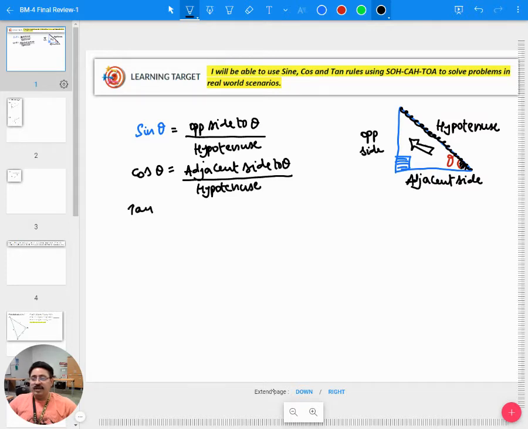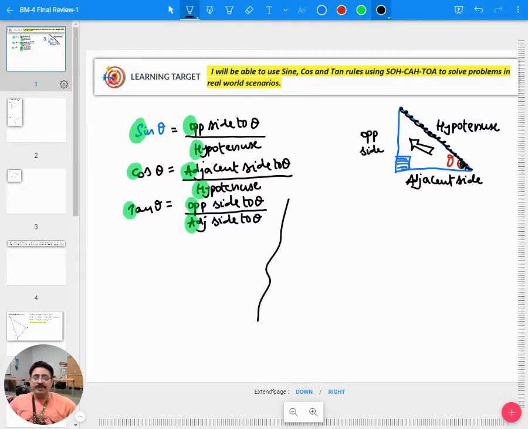Next, tan theta equals opposite side to theta over adjacent side to theta. So why we call it SOHCAHTOA: let's take the first letters, SOH, then CAH, and next TOA. So this is how SOHCAHTOA is formed.